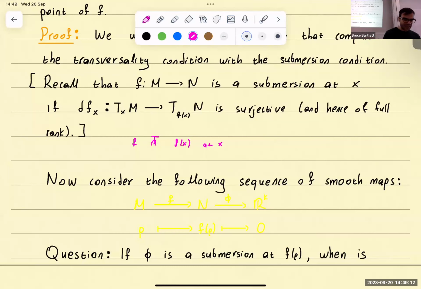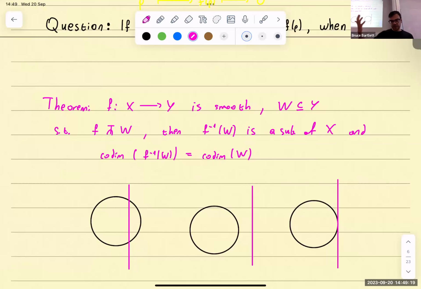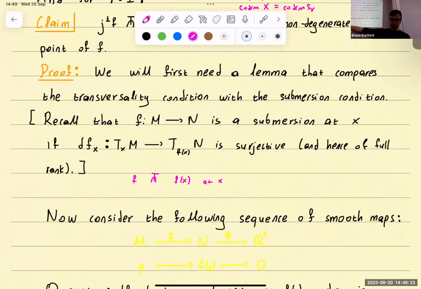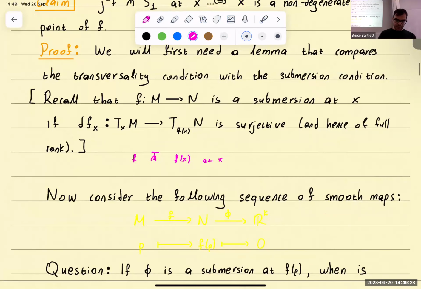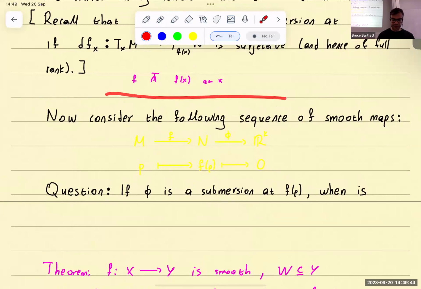It's just a fun observation. And also, in particular, if you believe in this theorem, you get maybe a proof that if your map is a submersion at X, then, well, actually, no, let me not say what I was about to say because it's not right. So that's the only observation I wanted to make.